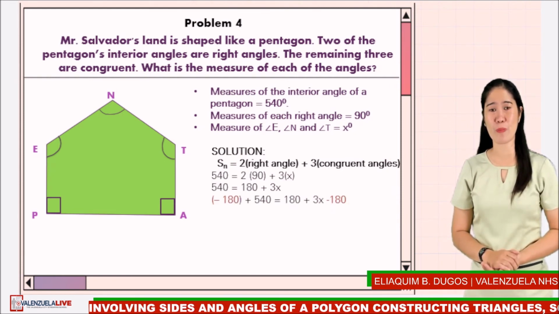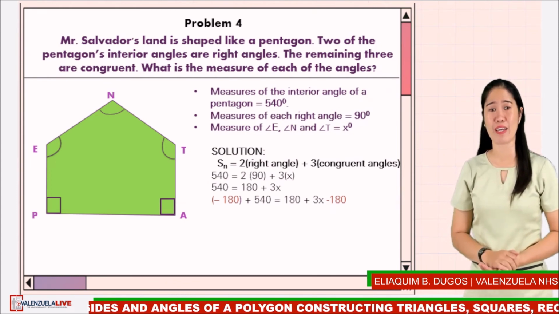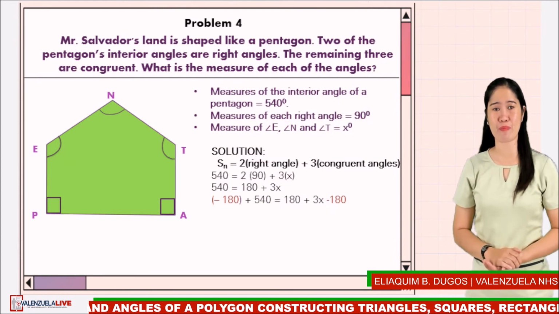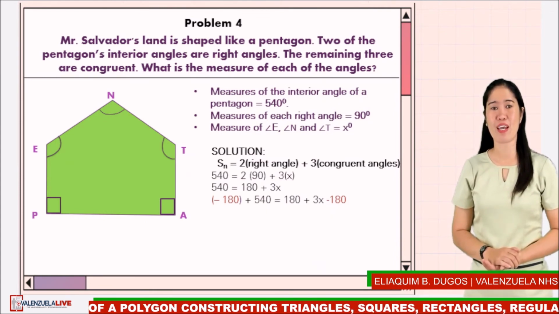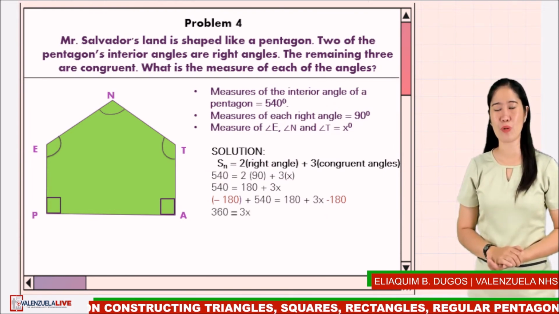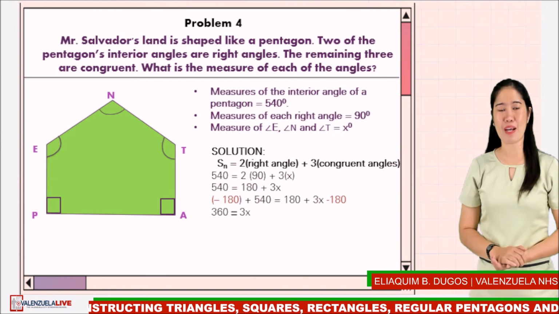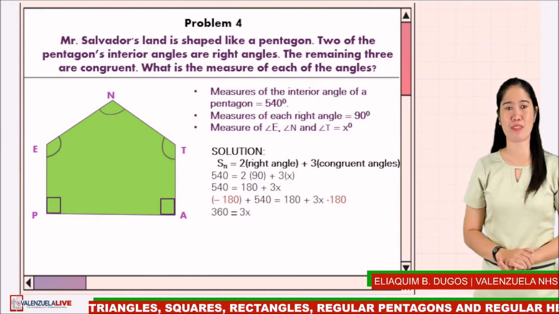By subtraction property of equality, we're going to subtract both sides by 180. So negative 180 plus 540, that is 360, is equal to 180 plus 3x minus 180, which is 3x.